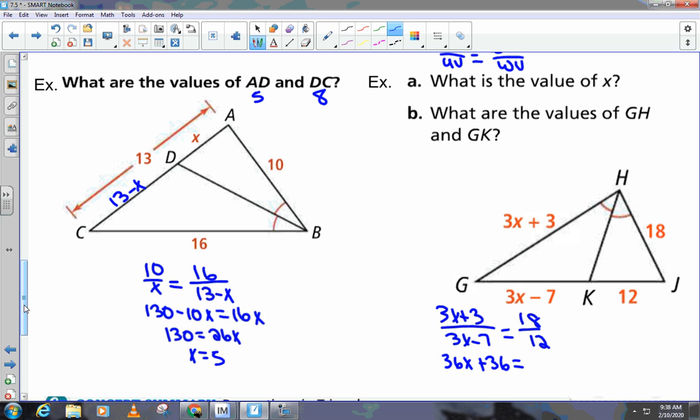That'll work. Cross multiply, we get 36x plus 36. What's 18 times 3? 54. 54x minus 18 times 7, 126.